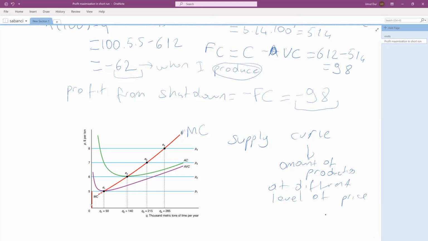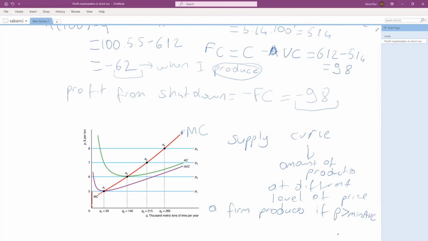So let's think about that case here in perfect competition. Let's look at the average variable cost. A firm produces if price is greater than the minimum of average variable cost. Bunu hatırlıyorsunuz değil mi? Biraz önce bunu anlattık. Burada minimum of average variable cost ne olmuş oluyor?